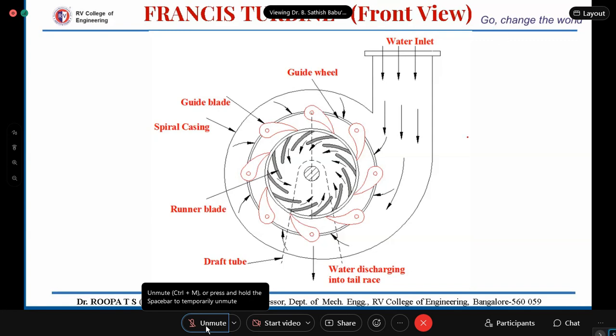So next, here we have the Francis turbine. What type of turbine is it? Can anyone classify this? Yes, ma'am. This is a reaction, axial flow and medium head turbine. Come again?